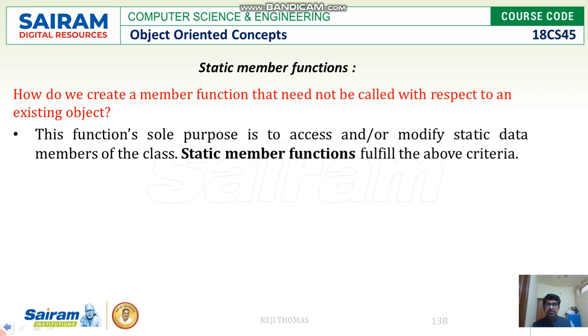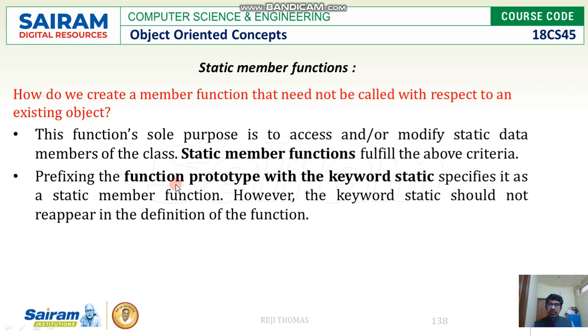Normally we use a member function called static member function. This can be written in the prototype. They should be prefixed. Don't get confused between a static member and a constant member.